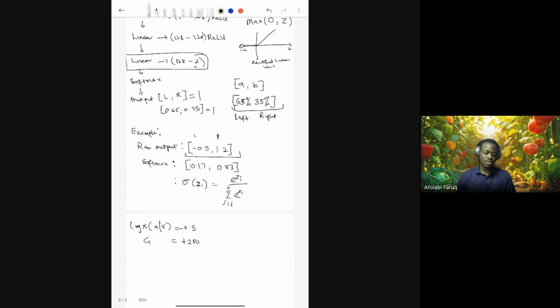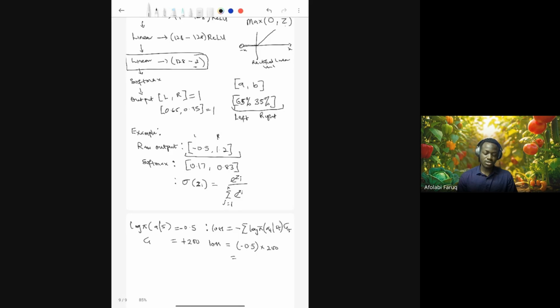So since we know that the loss equals minus the summation of log pi of a_t given s_t times the return G_t, you say the loss equals minus 0.5 times 200.